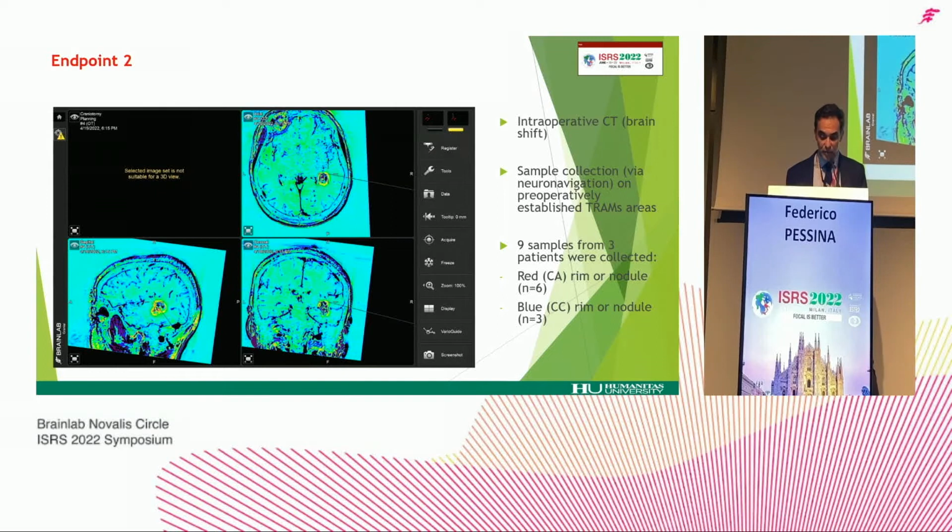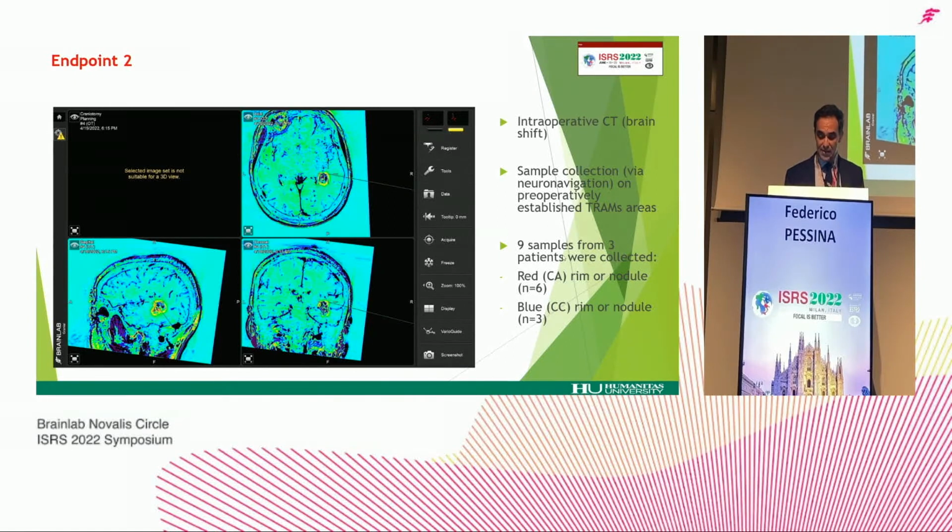We performed an intraoperative CT once we were at the level of the brain, trying to minimize the brain shift, starting to perform a consecutive sample collection in different points with different TRAMS images, just to try to correlate different parts within the same lesion, giving the pathologist every one of these samplings separately.